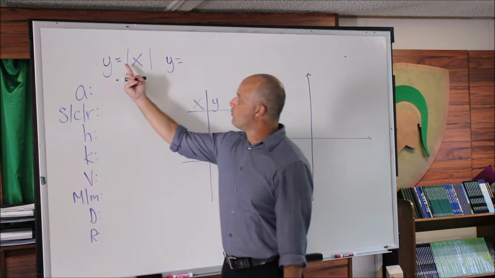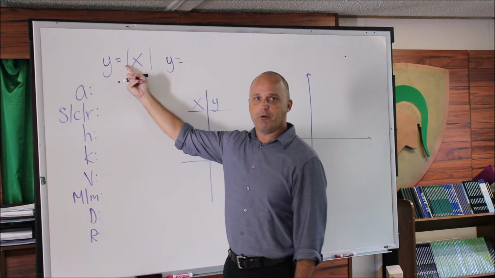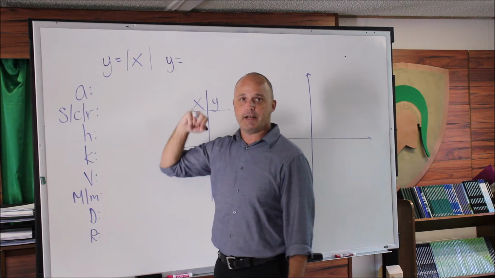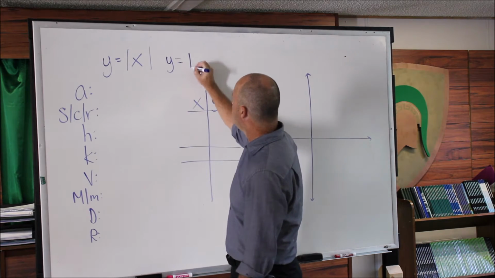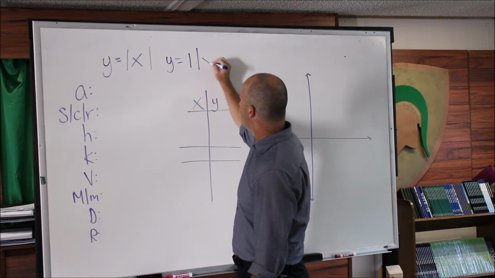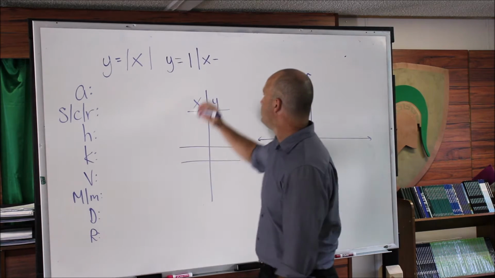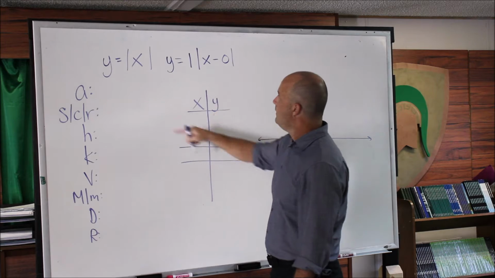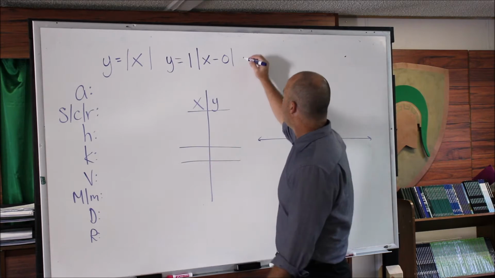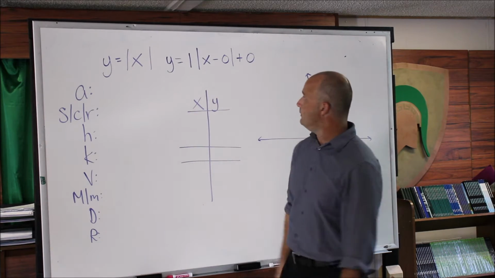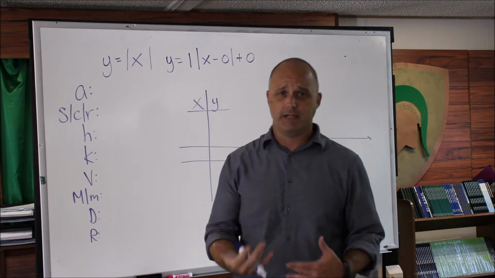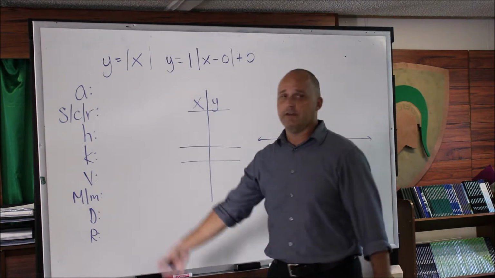So anytime that we're assuming that there's a number out here being multiplied against something, we're going to assume that number is 1. So this is y equals 1 times the absolute value of x minus, and since there's no h value, that is assumed to be 0, and since there's no k value, that is also assumed to be 0.